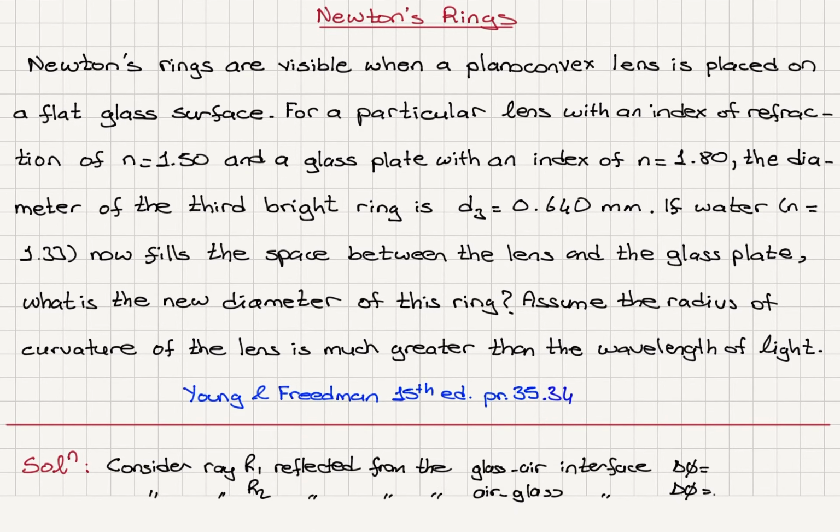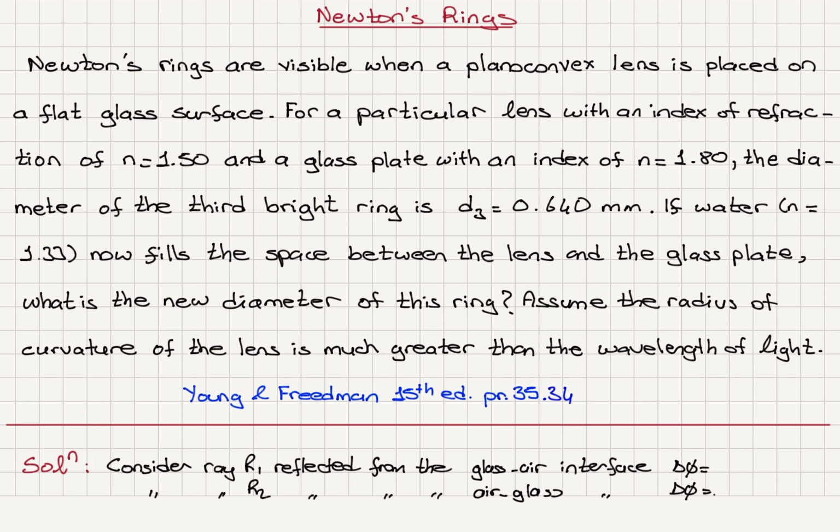Newton's rings. Newton's rings are visible when a planar convex lens is placed on a flat glass surface. For a particular lens with an index of refraction of n equals 1.5 and a glass plate with an index of n equals 1.8, the diameter of the third bright ring is d3 equals 0.64 millimeters.